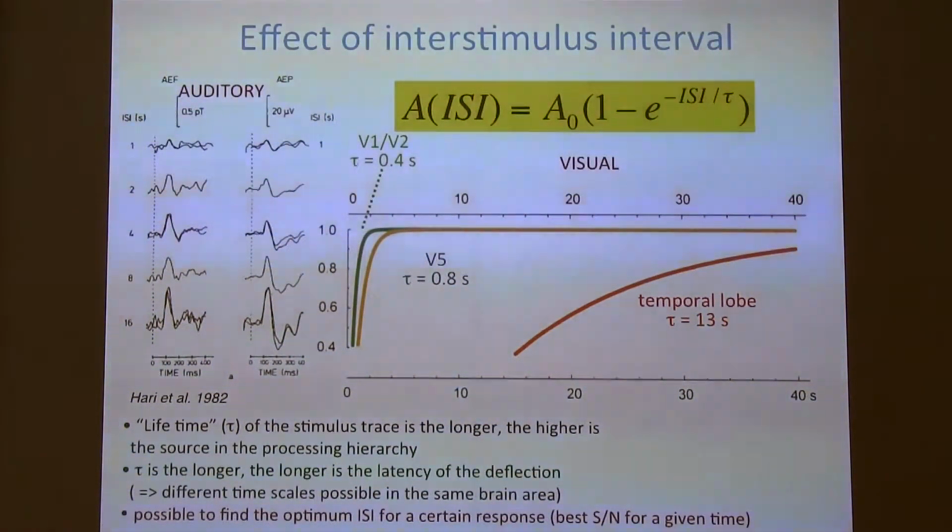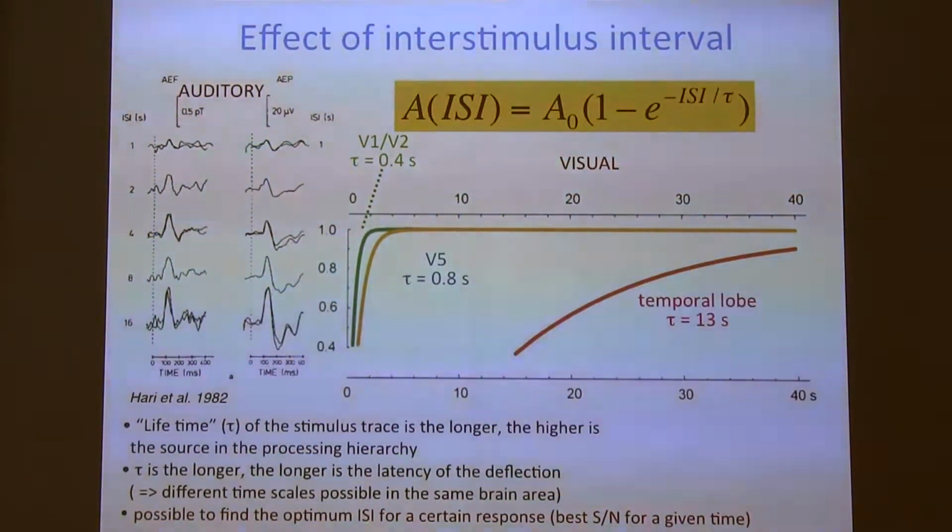Okay, so that is because these are transient responses in this case, because we present them very infrequently. You get a response which looks like this with the 8 seconds interval, and then you get a very similar but smaller one at the short ISI. So we can look at the peak latencies here.